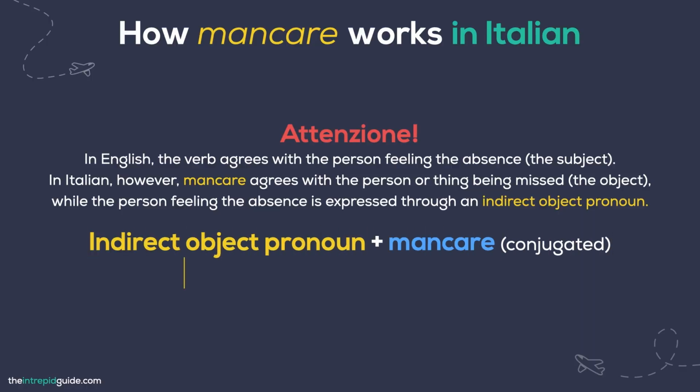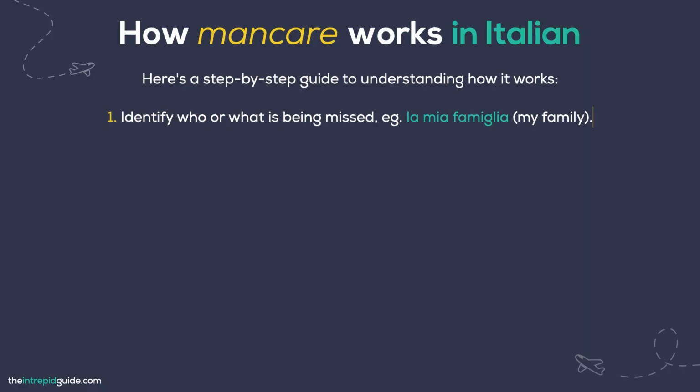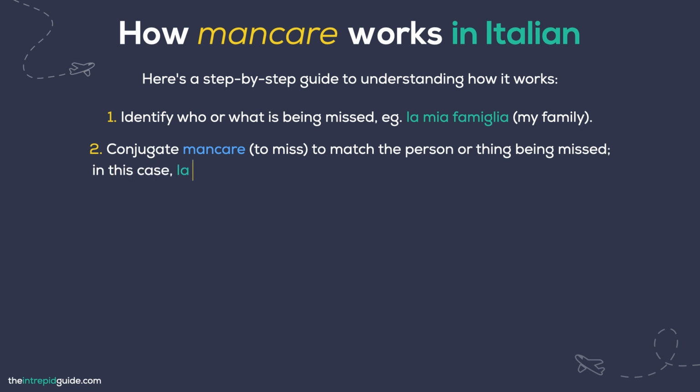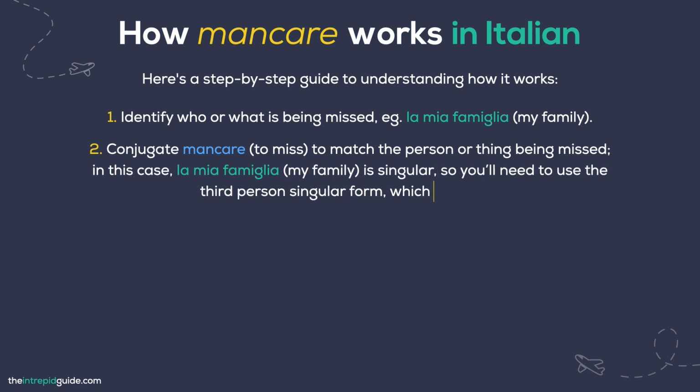This is the structure. Indirect object pronoun plus the verb mancare, which is conjugated, plus who or what is being missed. Here is a step-by-step guide to understanding how it works. First, identify who or what is being missed. For example, La mia famiglia. My family. Next, conjugate mancare, to miss, to match the person or thing being missed.